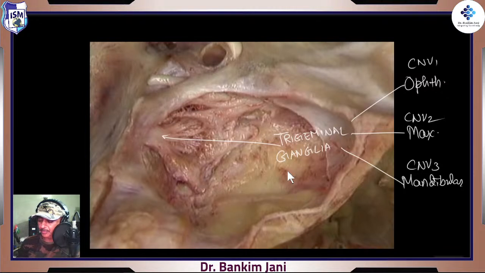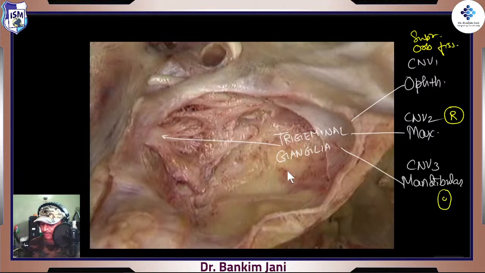And to be very specific, this was going via superior orbital fissure, right? This was going via that round foramen, and it was called as foramen rotundum. And this mandibular was going via oval foramen, so it was called as foramen ovale, right? This was ovale, and this was rotundum, right? So this trigeminal ganglia.